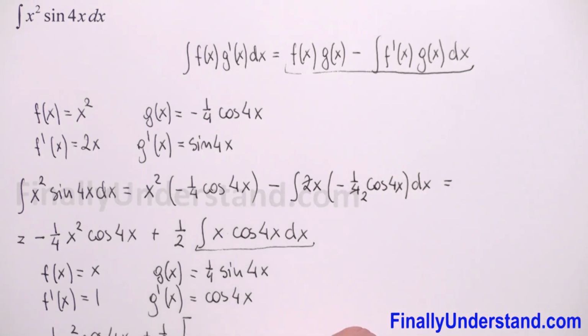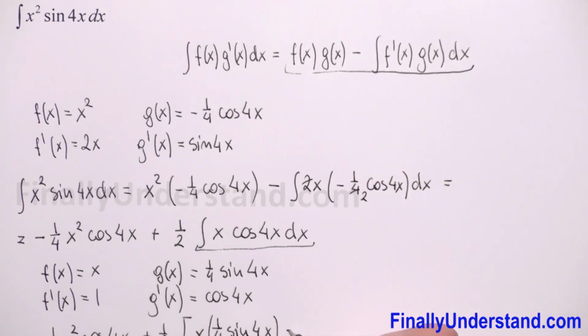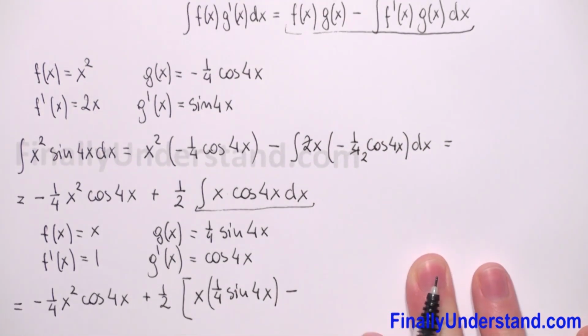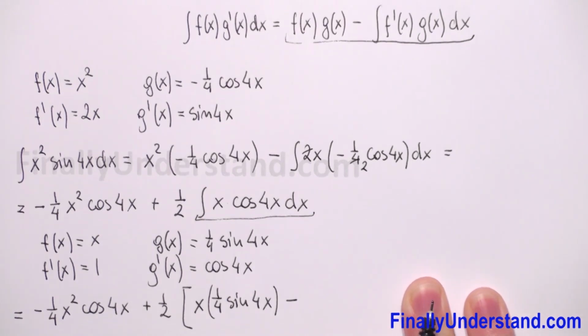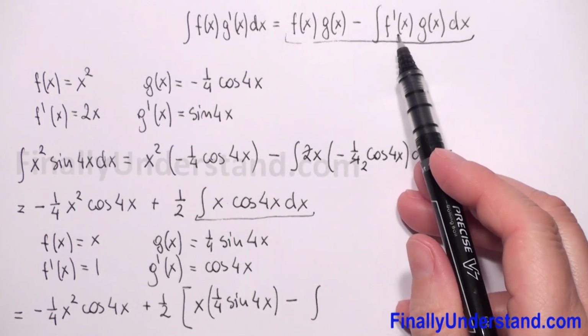So we have first f of x times g of x. So we have x times 1 over 4 sine of 4x. Let me put this in parentheses. And next we have negative sign, and we have integral of f prime of x.